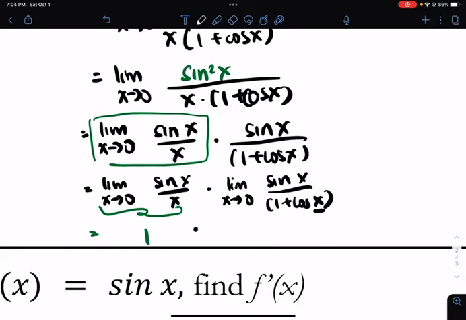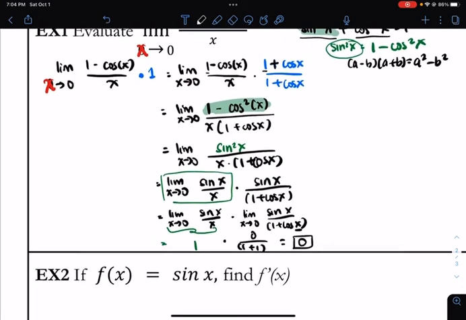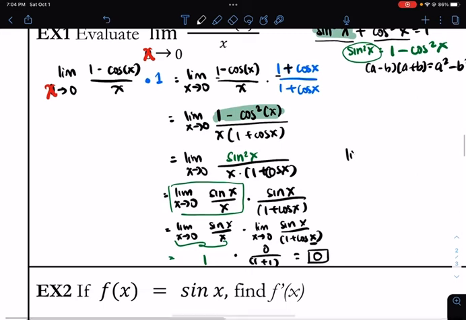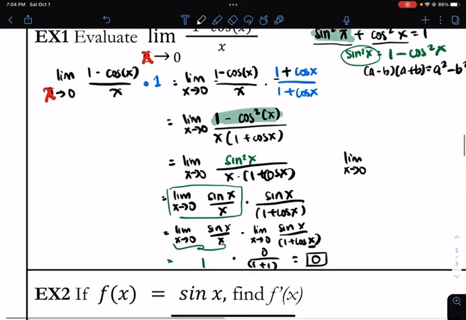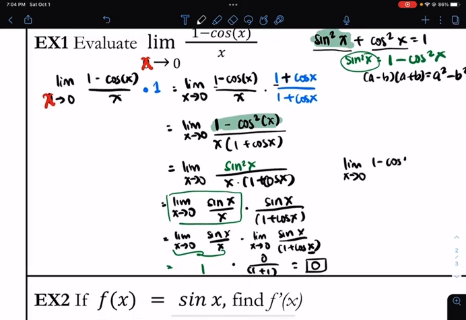Cosine of 0 is 1. So it's actually sine of 0, which is 0, over 1 plus 1, which gives you 0. There you go. So the limit as x approaches 0 of (1 minus cosine x) over x is 0.